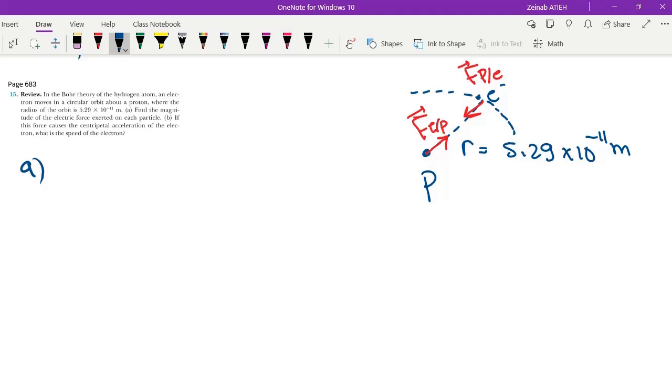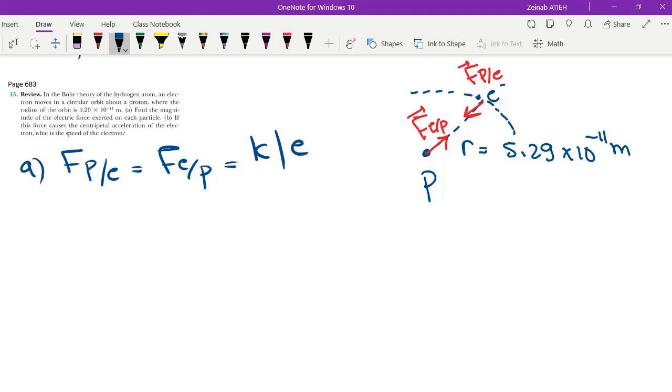As you can see, they are attractive forces, they have equal magnitudes and opposite senses. F exerted by the proton on the electron is equal to the force exerted by the electron on the proton.